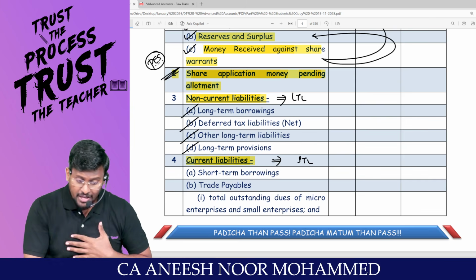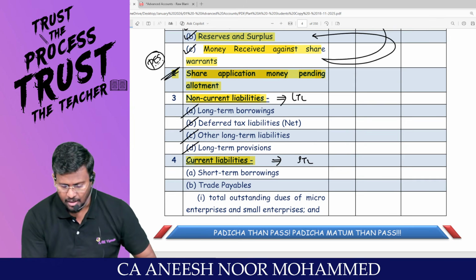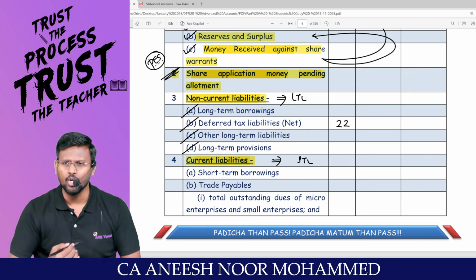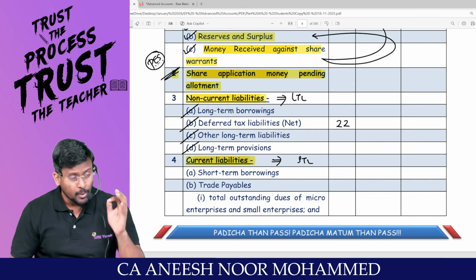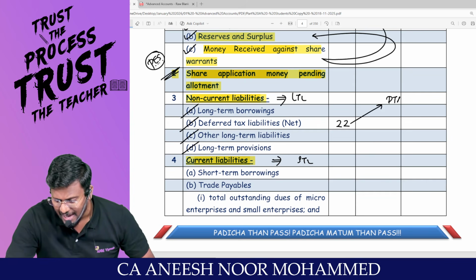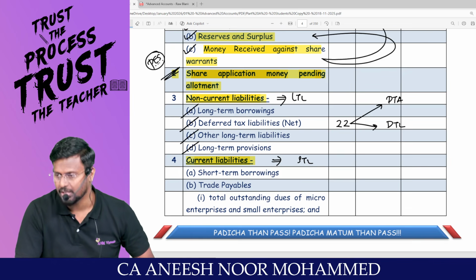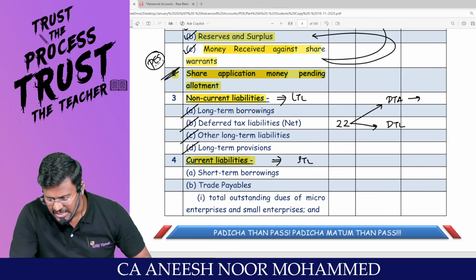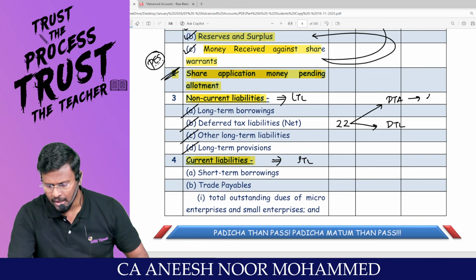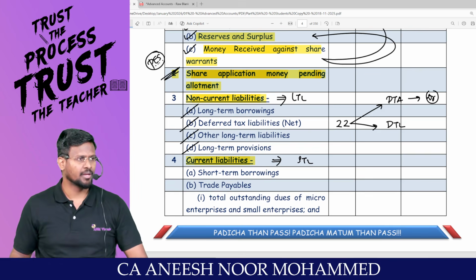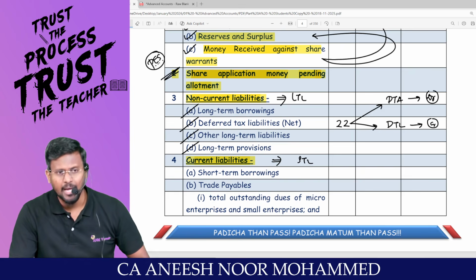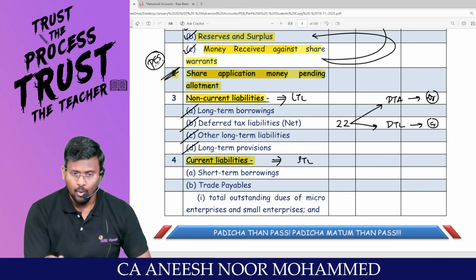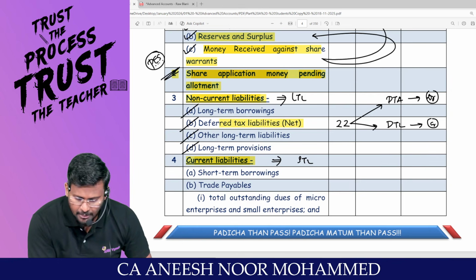We have an accounting standard called AS 22. When the class moves on, I'll be talking about AS 22. In that, we will be determining either deferred tax asset or deferred tax liability. As we all know, an asset always has a debit balance, and a liability always has a credit balance. That will be shown as deferred tax liability net.